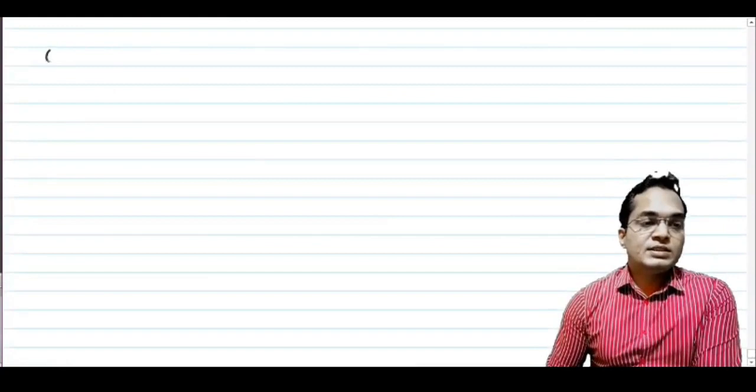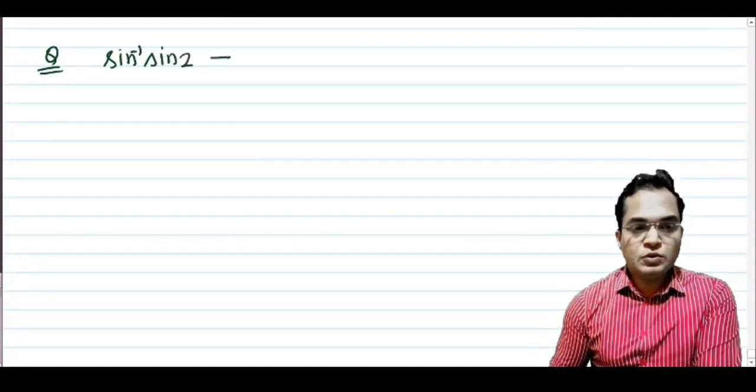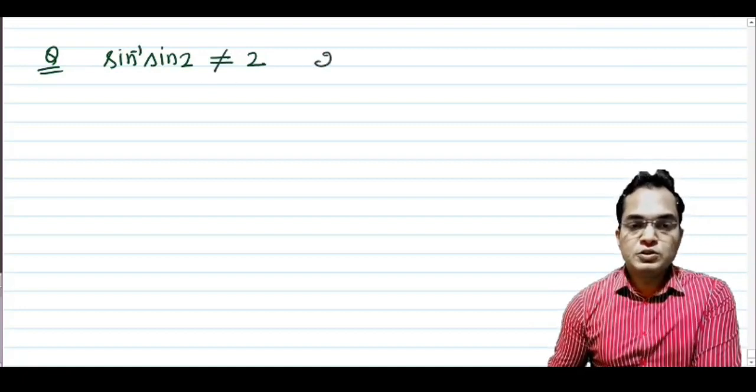Now let's go to the next question. What is the value of sine inverse sine 2? Is it 2? No, because 2 does not lie between minus 1.57 and 1.57.